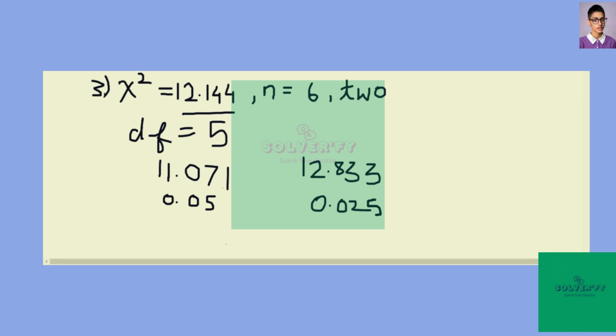Since this is a two-tailed test, the area must be doubled to obtain the p-value interval.